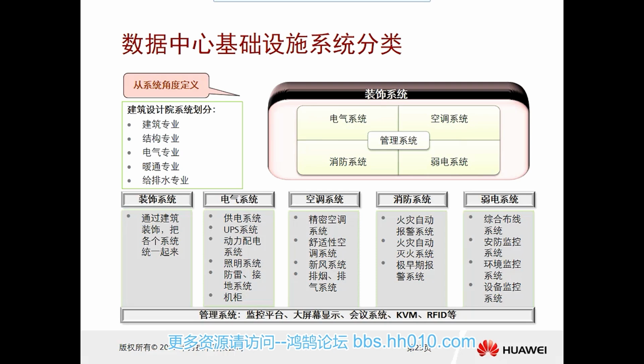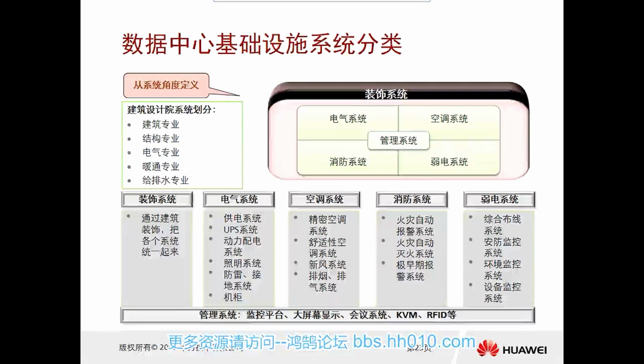The firefighting system needs to meet the requirements of fire alarm and fire extinguishing. The low voltage system completes the communication of the data center, security prevention, environmental equipment monitoring, and so on. So these are all different systems.